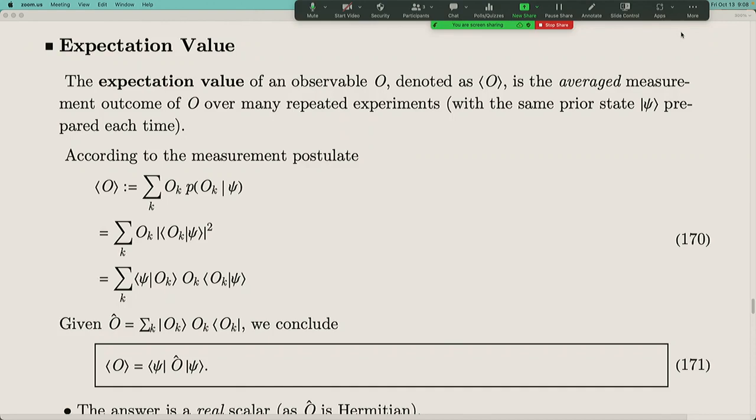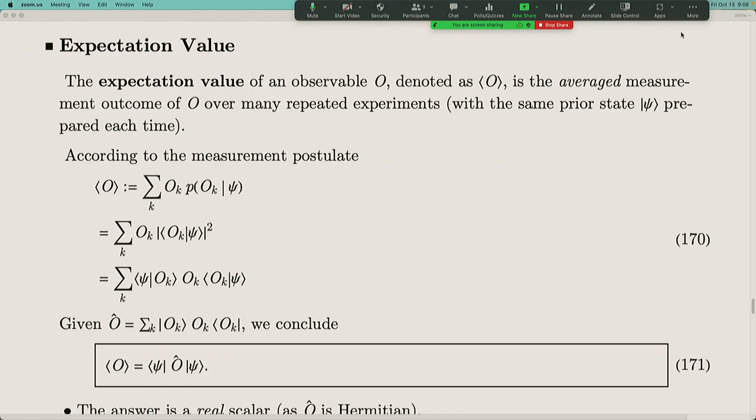And then if you weight the measurement outcome by the probability and sum over all the possibilities, and go through this derivation, you will find that eventually it becomes an equation like that, where this part inside with the summation over k is nothing but the operator O itself.